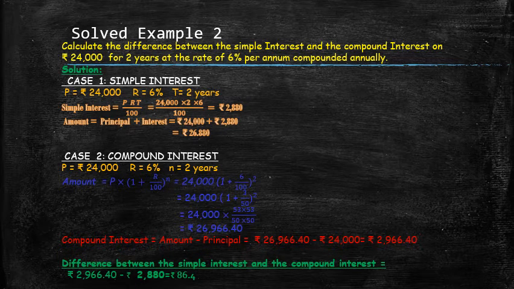The difference is equal to rupees 2,966.40 minus rupees 2,880. It's equal to rupees 86.40. So, though the principal, rate and the time period remain the same, the simple interest and the compound interest are not the same.